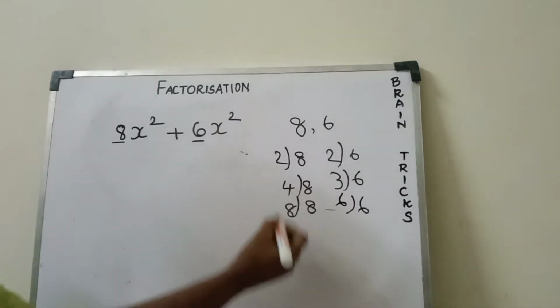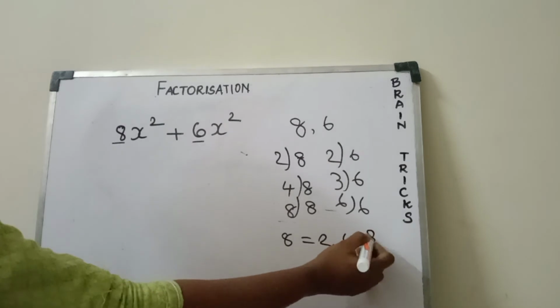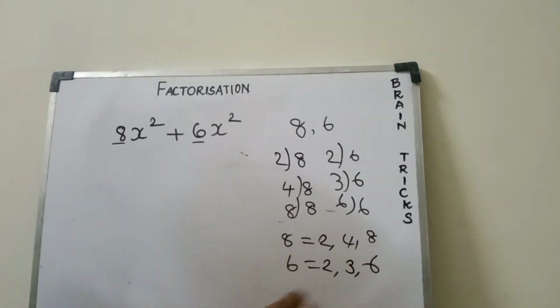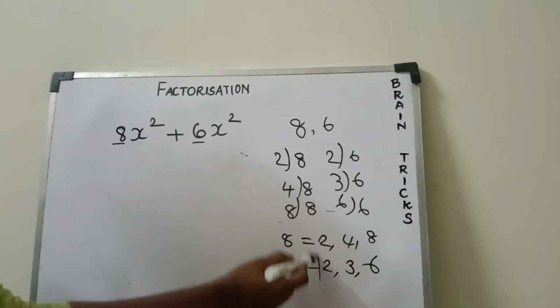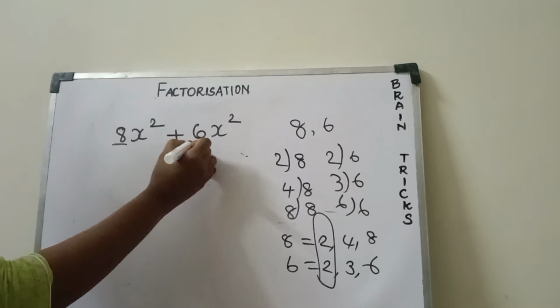So the factors of 8 are 2, 4 and 8, and the factors of 6 are 2, 3, 6. What is the common factor? 2. Clear? So the common factor of 8 and 6 is 2.